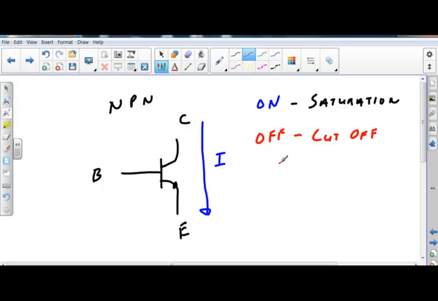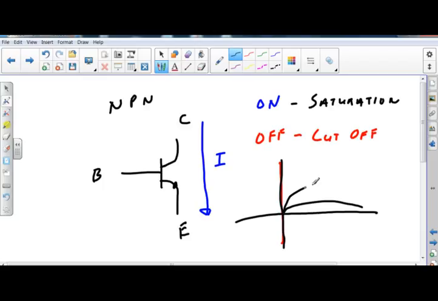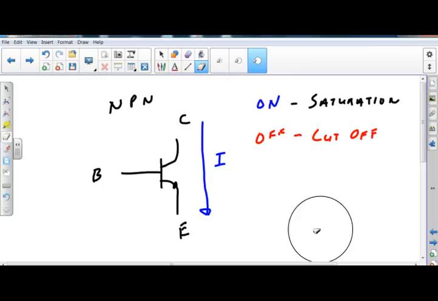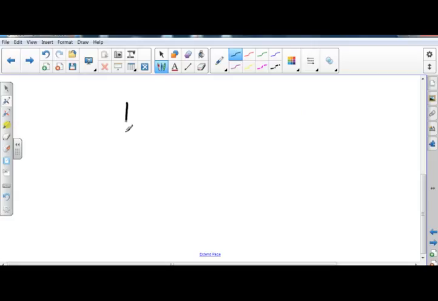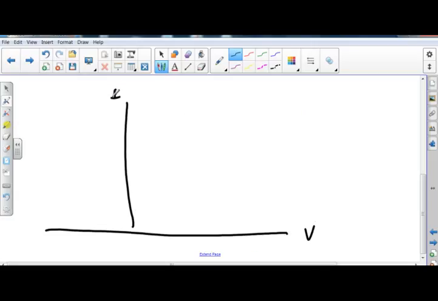Now the transistor has a characteristic curve. It looks like this. Oh, this is so terrible. Give me some space here so I can draw a characteristic curve. Okay, so this is voltage. This is current.